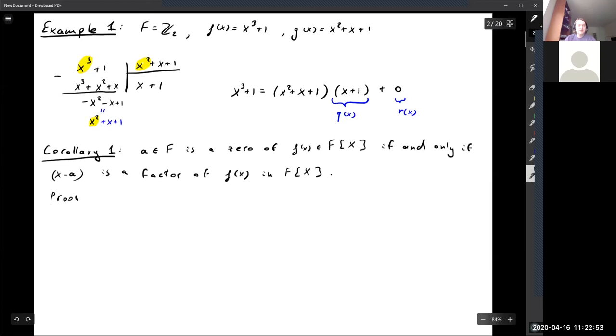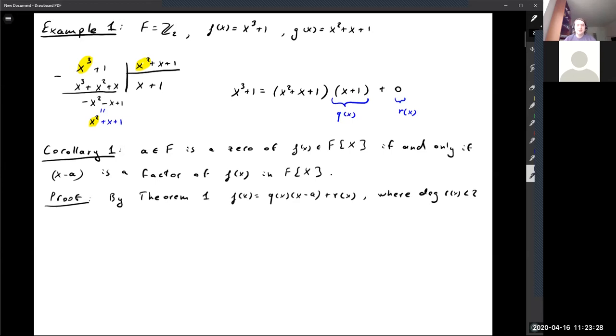Okay, so the proof is essentially straightforward. So proof. What do we get? By theorem 1, we can divide f of x by x minus a with a remainder, where the degree of this remainder is less than 1, sorry. So it's actually a constant polynomial.